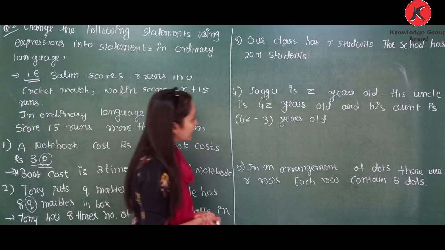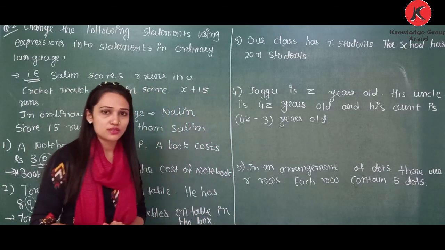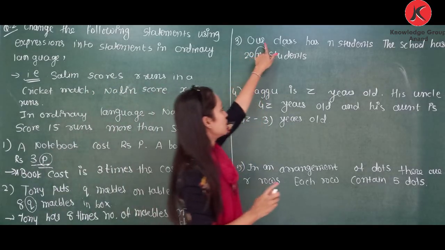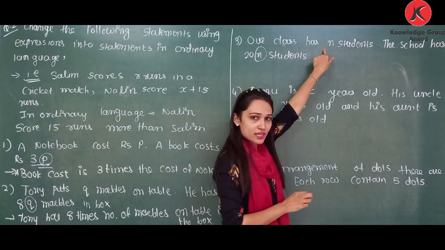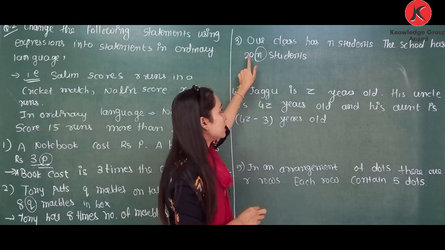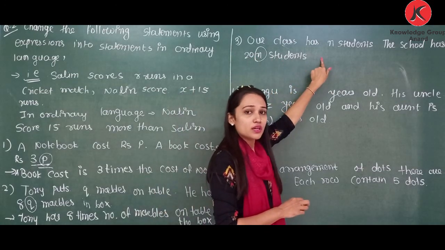Next, our class has n students and the school has 20n students. What is this n? N represents the number of students in a class. So we can write, in the school there are 20 times the number of students of our class.